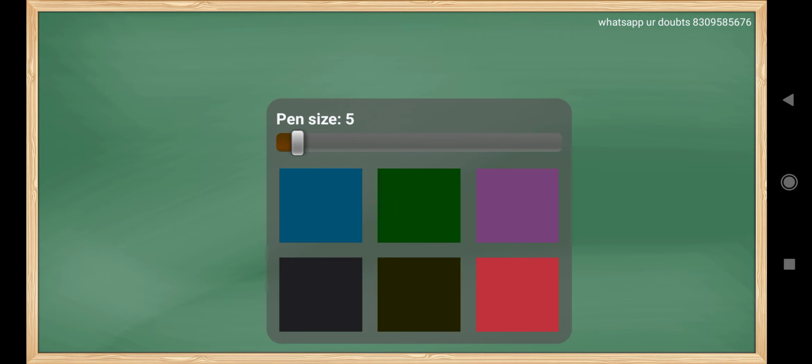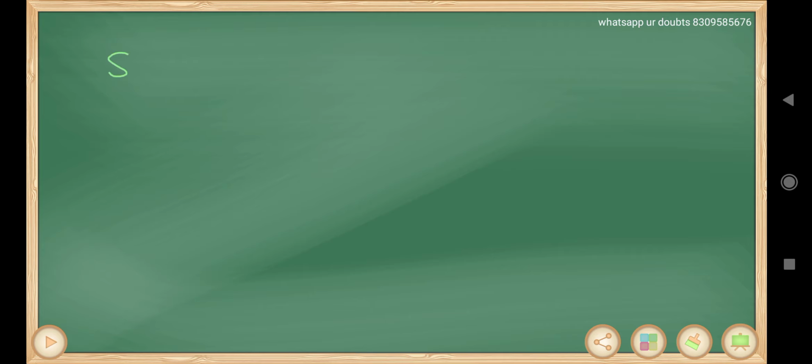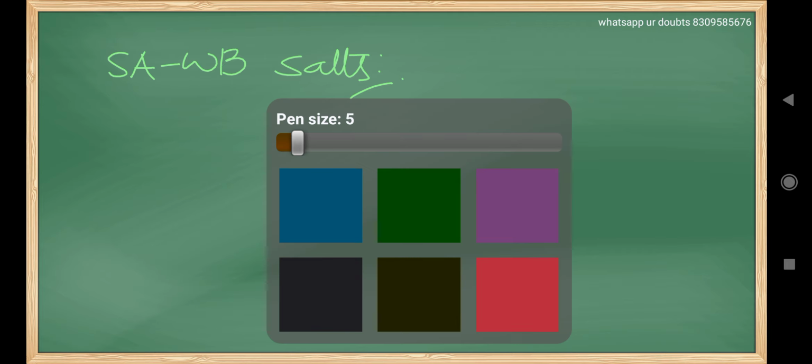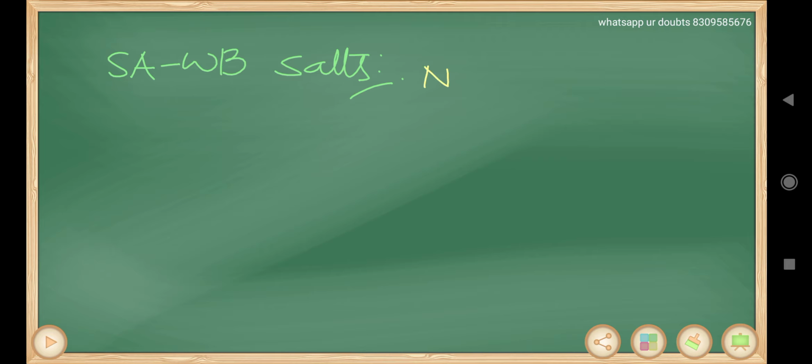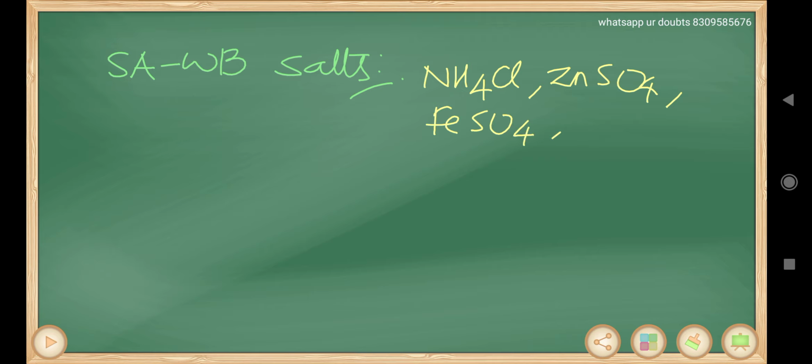Now the interesting things come with the next one, strong acid, weak base salts. See the examples: NH4Cl, ZnSO4, FeSO4, MgCl2.